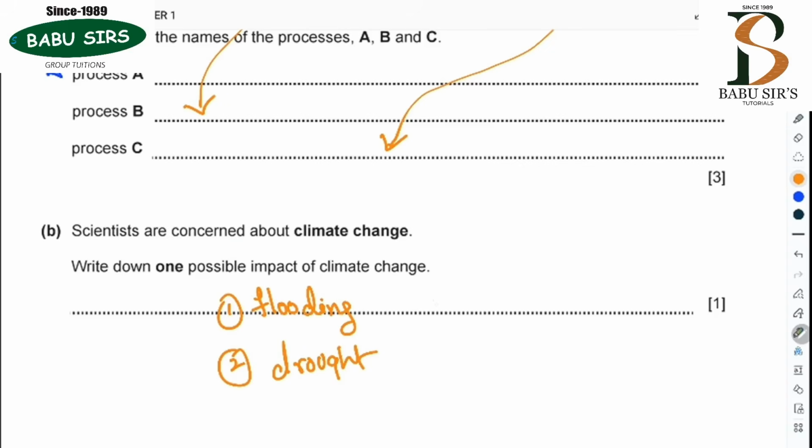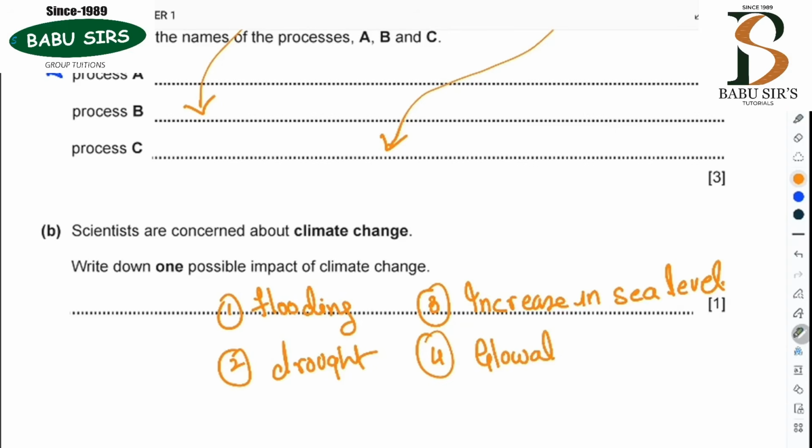If temperature increases, there will be increase in sea level. Fourth, increase in temperature, you can call it global warming. Now results can be many. So I think so 4 is enough.